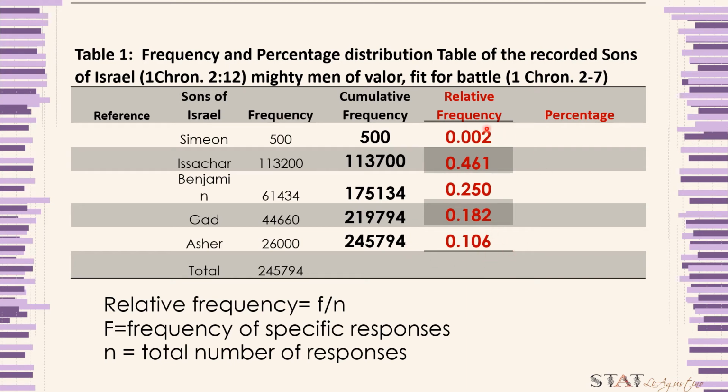Now, we have this relative frequency presented in our statistical table. Next, we have to compute the percentage, which I believe you already know how to do from your high school or basic mathematics or algebra. But I will review it.